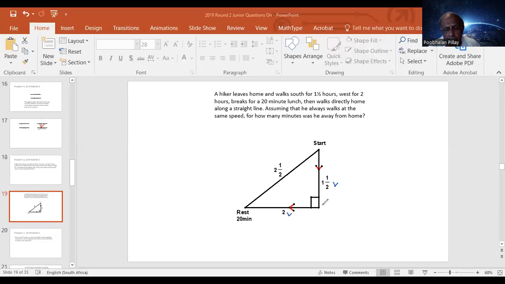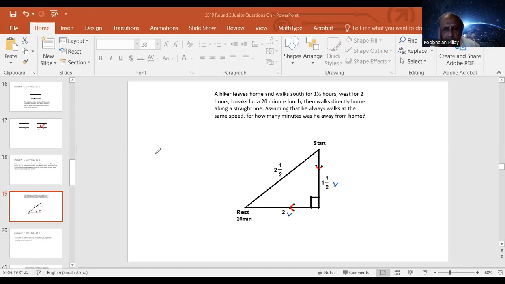It comes down south, and then it goes west. Then it goes straight back home. So now you can calculate this distance here. This is a right angle triangle, right? When you work this out, you can work out this distance here.